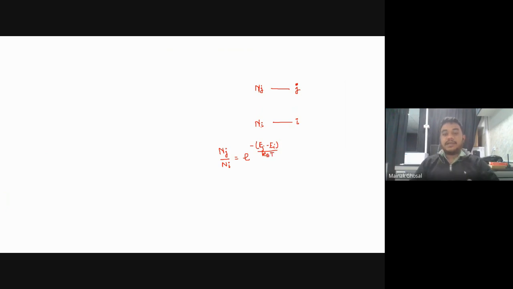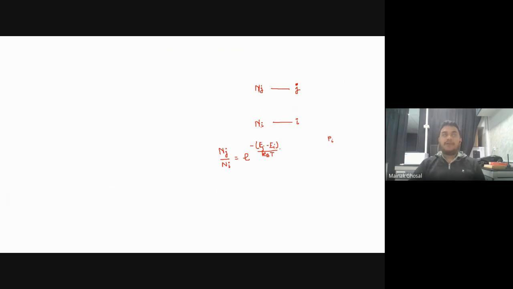Now, if you ask me where this relation comes from, I suggest that if you have read statistical thermodynamics or statistical mechanics, you will understand it. Or if you have not read it, you will learn later. For now, I am just going to tell you that this term, e to the power minus (Ej minus Ei) by kBT, arises because the probability of a state is proportional to this term.